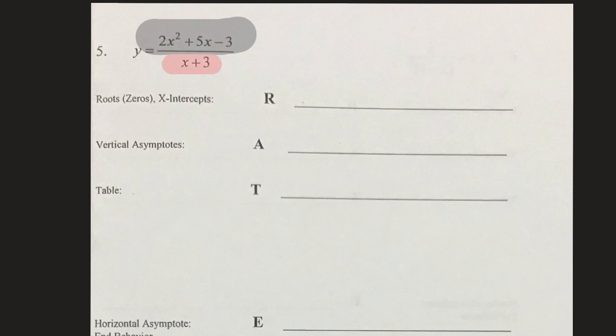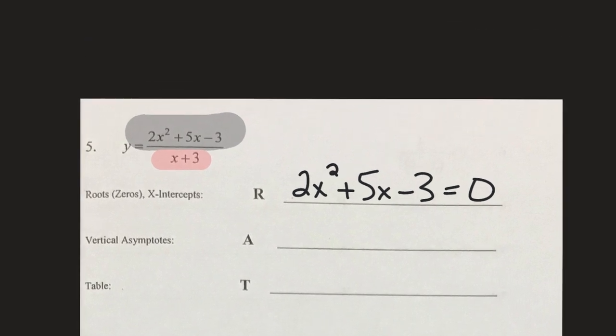Okay, so when we find the zeros, you're going to take your 2x squared plus 5x minus 3 and set it equal to 0. So here we have ourselves a quadratic. So we solve quadratics by factoring. So let's see all the different ways that we can factor. First of all, we need to do AC.